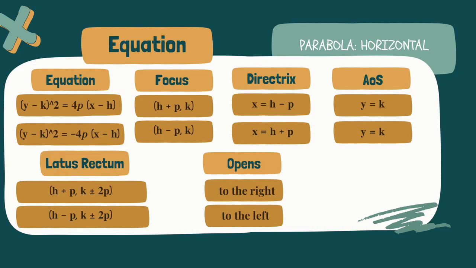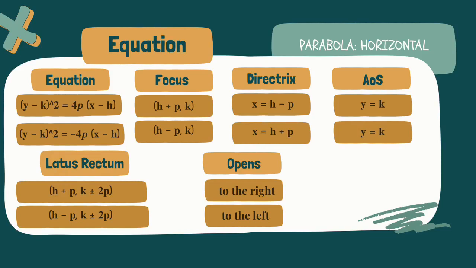Sa opens, para malaman natin kung yung equation na binigay sa atin ay to the right ba or to the left, makikita natin yan sa binigay sa atin na problem. Example, yung nasa equation na nandyan.